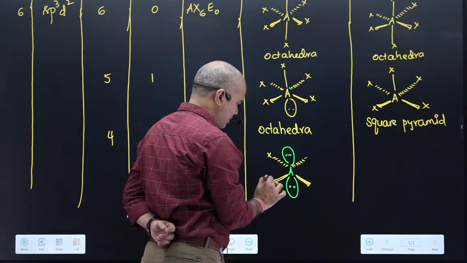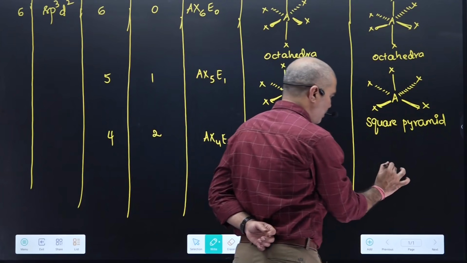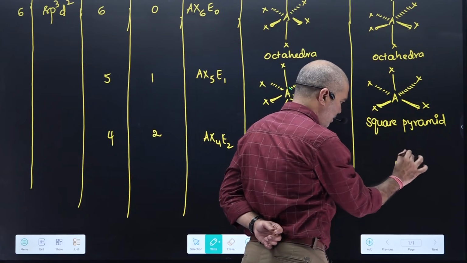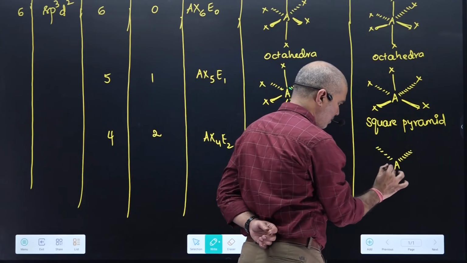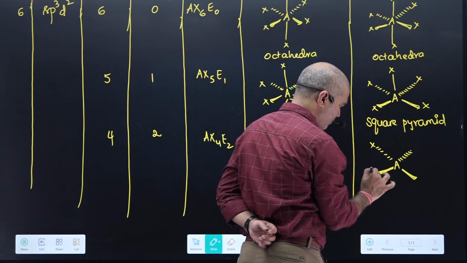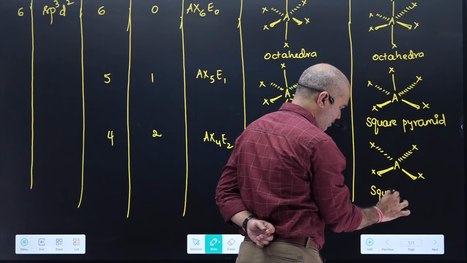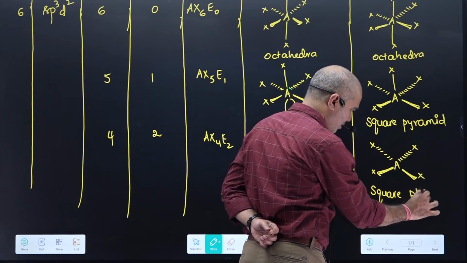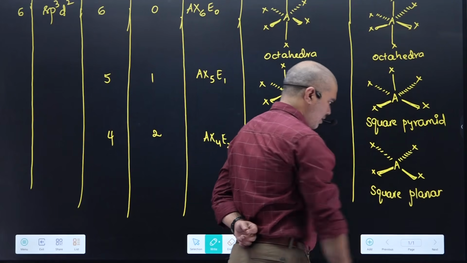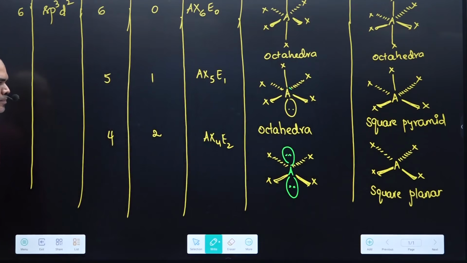Then these are X. Here I don't put any lone pairs, I am directly indicating the bond pairs. Now this is square planar geometry, a derived geometry. It is not a parent geometry. Square planar is derived from octahedral.